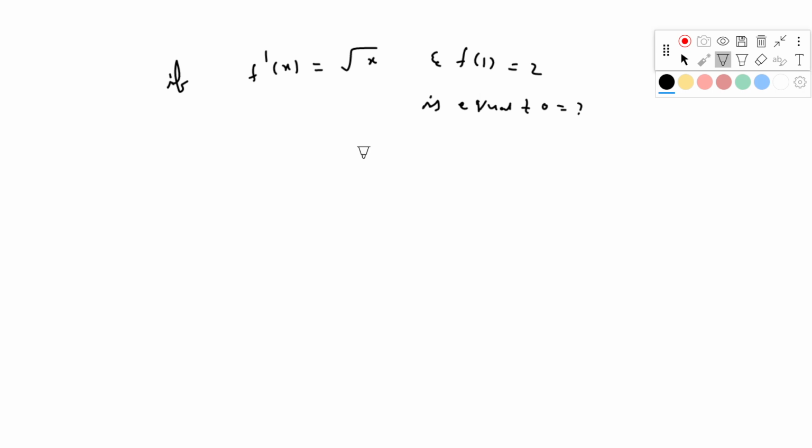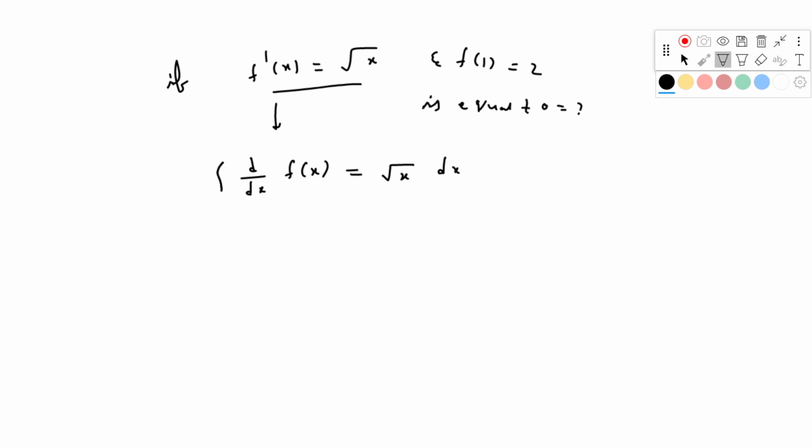We don't need to discuss the options, see directly. First of all, given is f dash of x equal to root x. How can I write this f dash of x? F dash means first derivative. So I can write this as d by dx of f of x, that is nothing but f dash of x. So d by dx of f of x equal to root x.